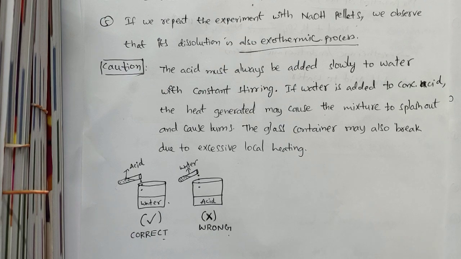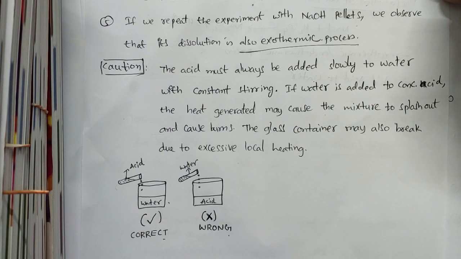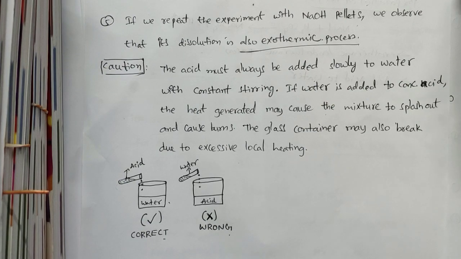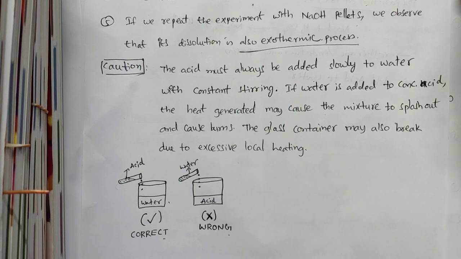The energy present between the chemical bonds of these ions or atoms is released in the dissolution process. You learn about these things in much more detail in your plus 1 plus 2 studies, right? The lattice energy and hydration energy topics.